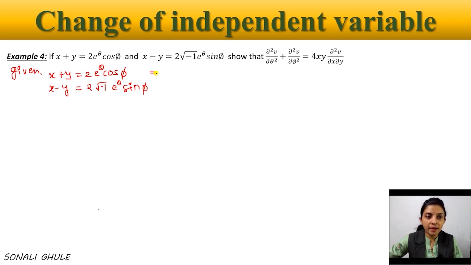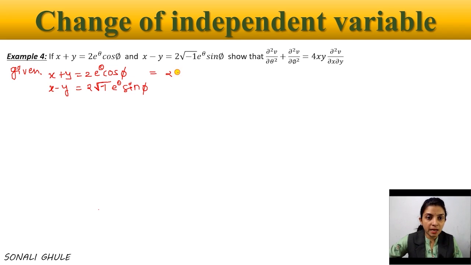But before that, let me simplify the term. This is root minus 1, and we can write the value for root minus 1 as i, because i squared is minus 1.